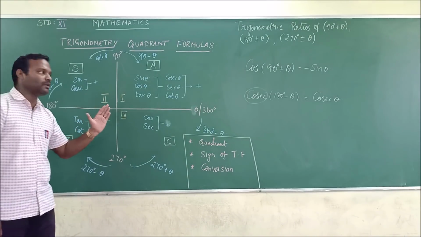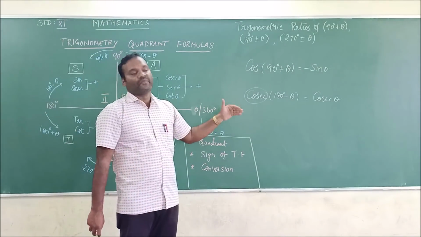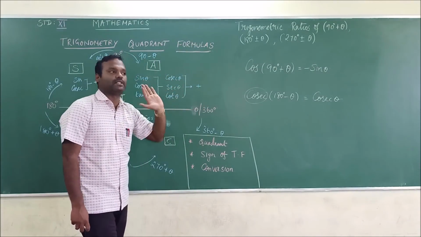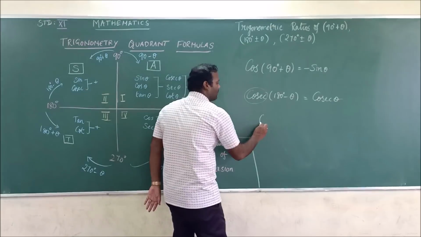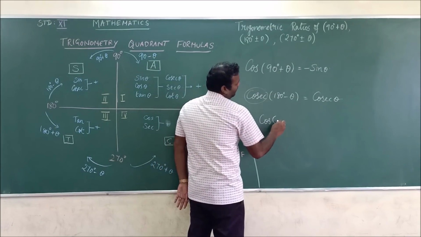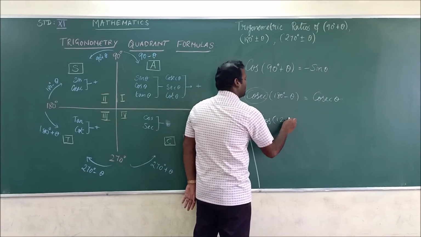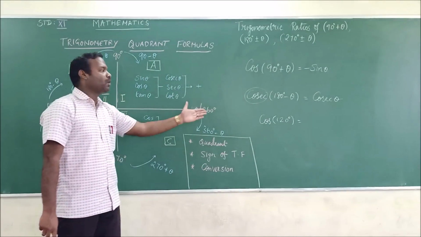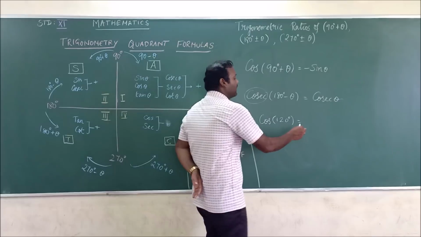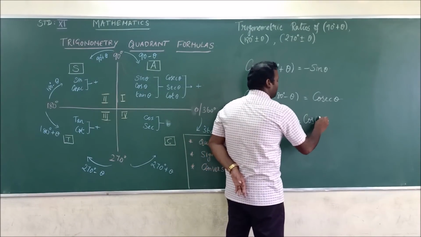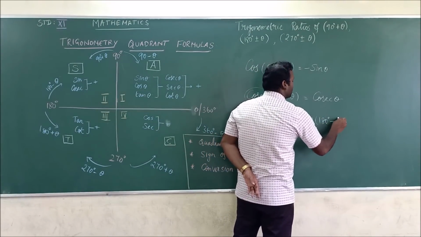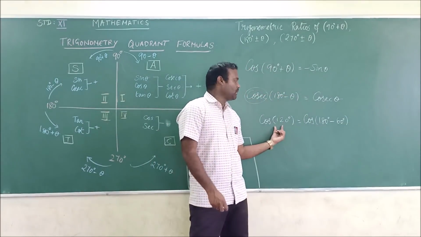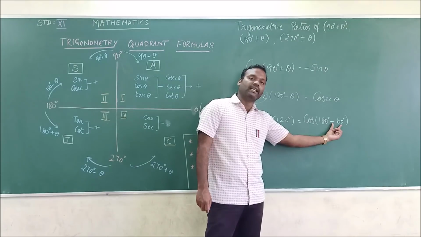This is the thing you have to remember. By using this, you can write any of the trigonometric ratios. Suppose I have to find the value of cos 120 degree. How can we write cos 120 degree? Cos 120 degree can be written as cos of 180 degree minus 60 degree, because 120 degree is equal to 180 minus 60.